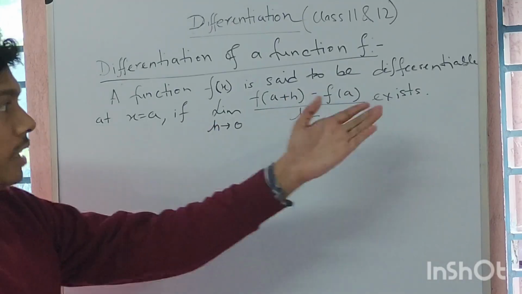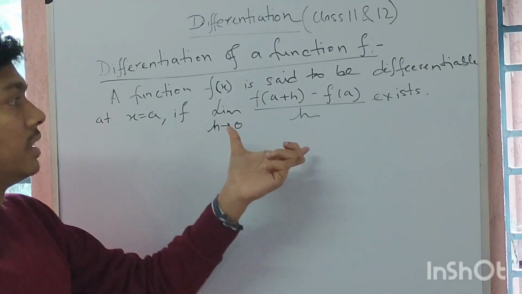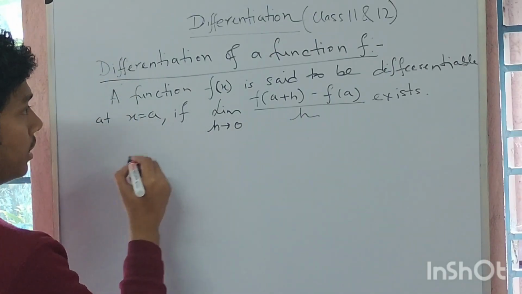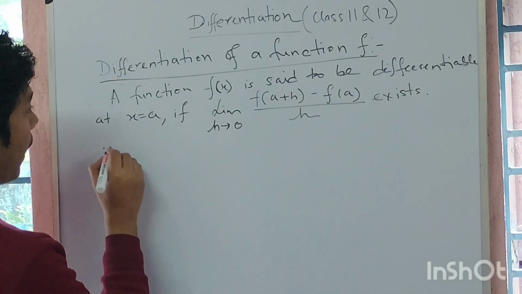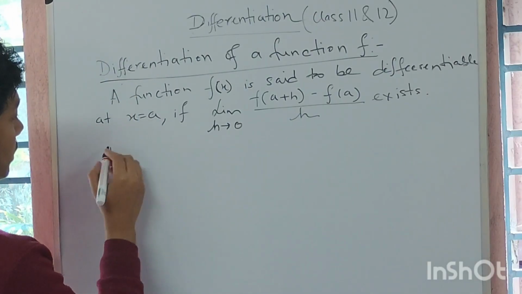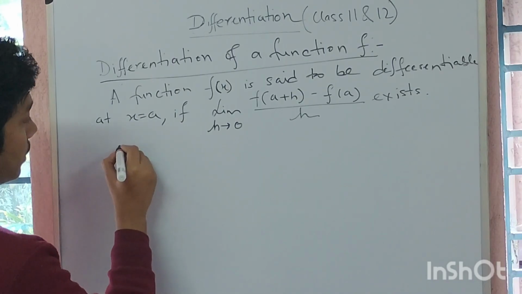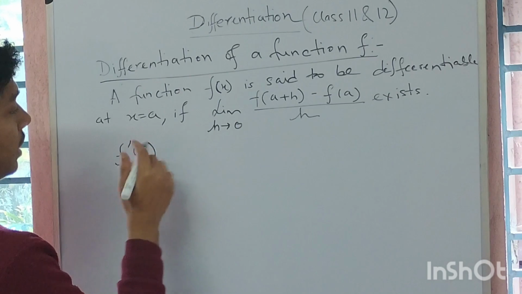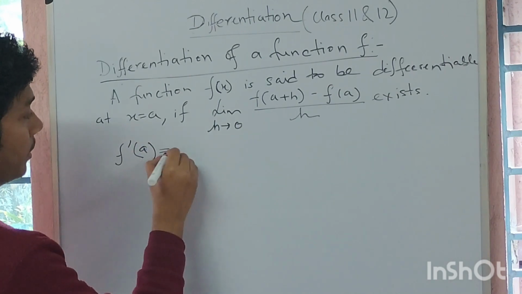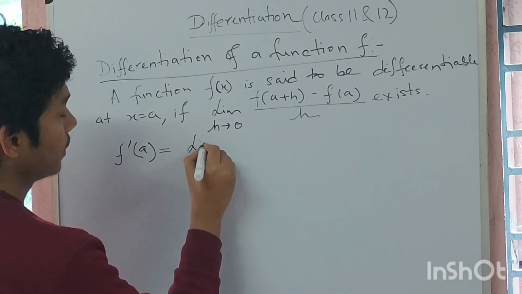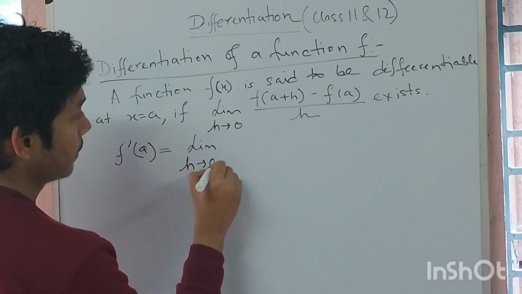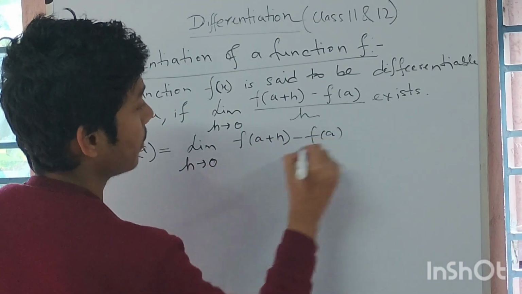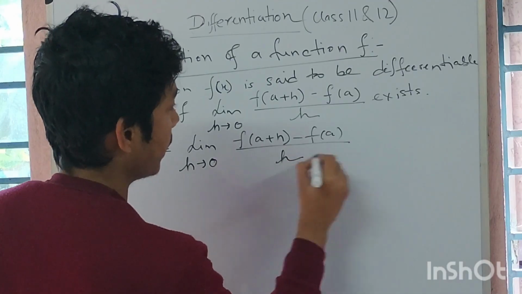A function f(x) is said to be differentiable if this limit exists, and the value of its derivative is f dash a. It can be written as f dash a, that is limit h tends to 0 of f of a plus h minus f of a by h.